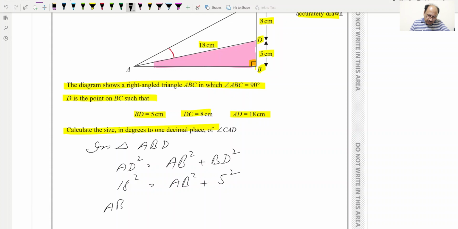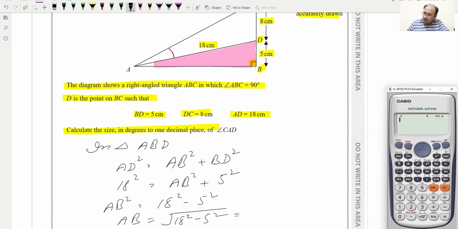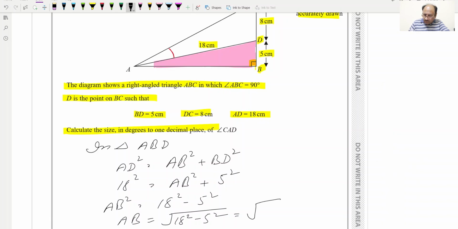So AB squared will be equal to 18 squared minus 5 squared, so AB will be equal to the square root of 18 squared minus 5 squared, which is root of 299. So we got this side as under root of 299.